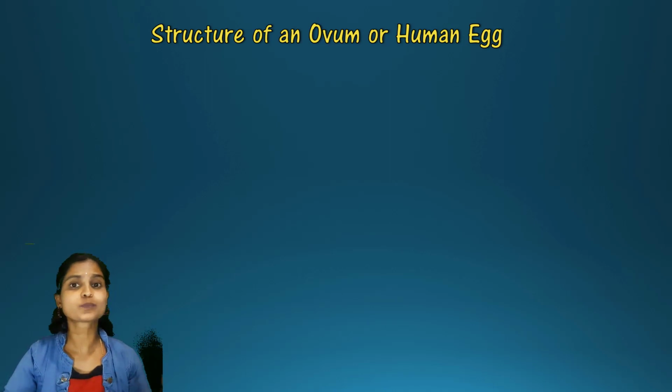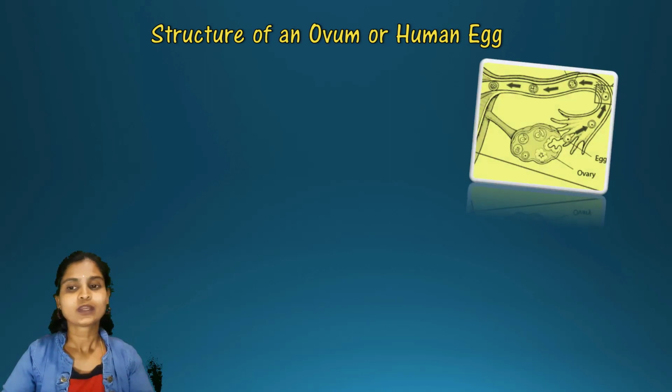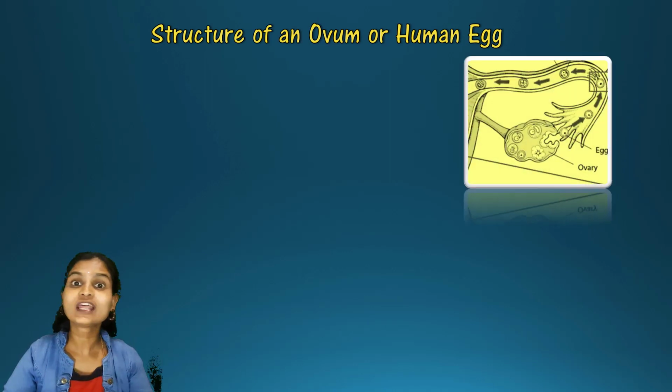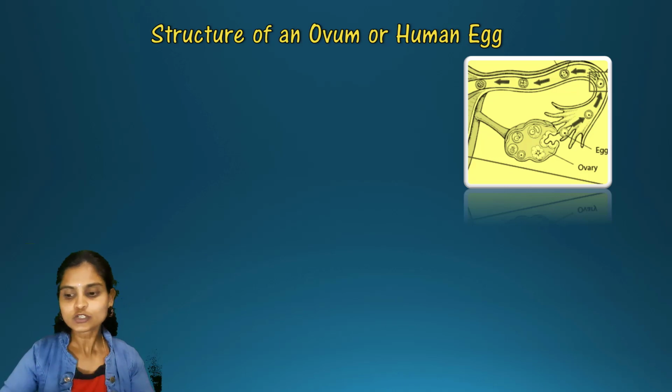After the ovum is produced in the ovary, it is released from the ovary into the fallopian tube. In this diagram, it is clear that ovulation is taking place. That is, the ovum is being released from the ovary into the fallopian tube.